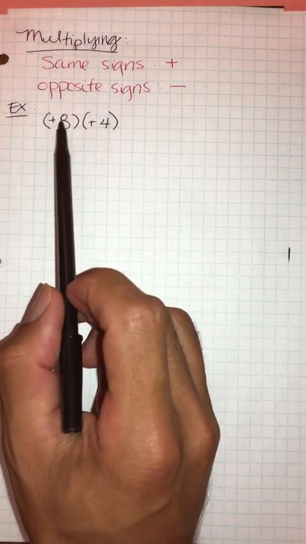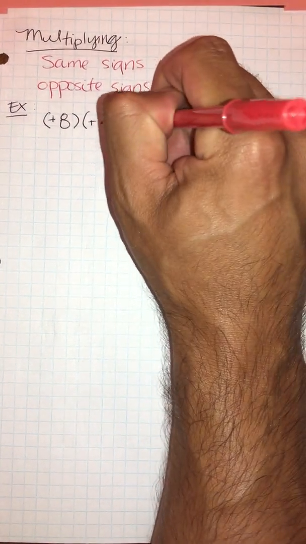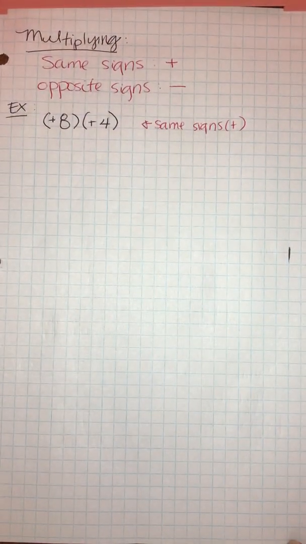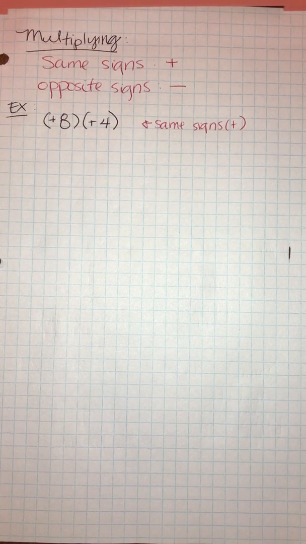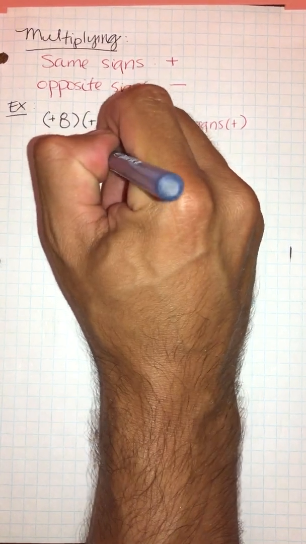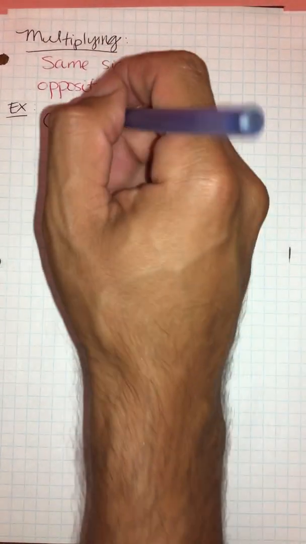Now, as we see, ladies and gentlemen, both have same signs. They're both positive. So our end result, 8 times 4 is 32. And since they're the same sign, it's going to result in a positive.